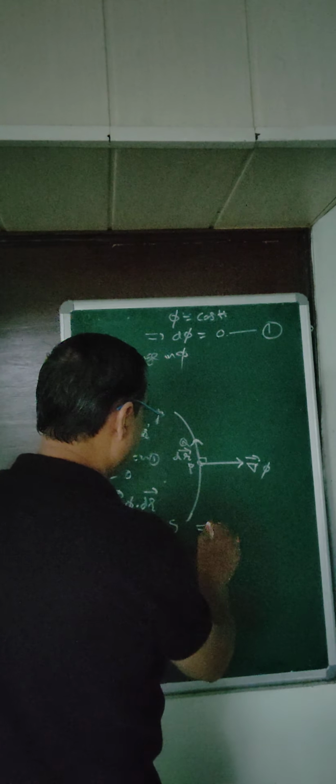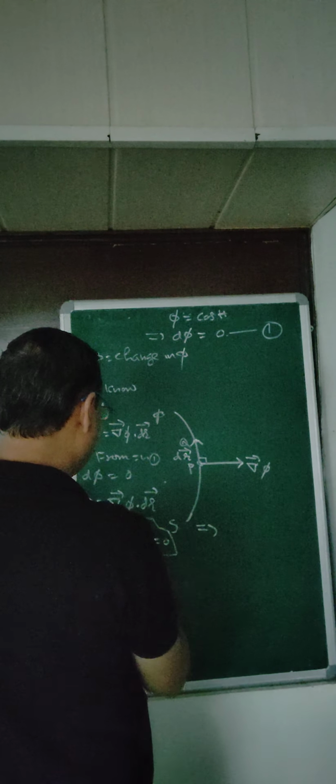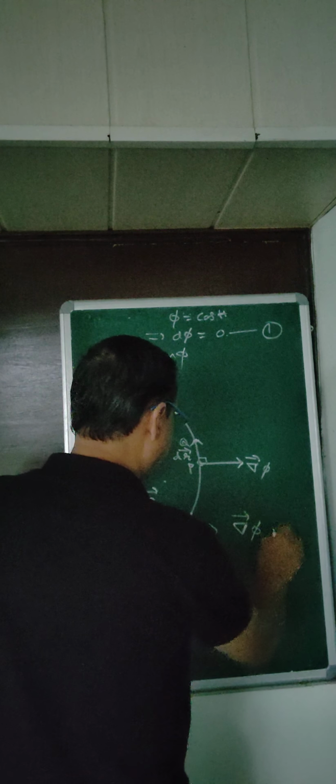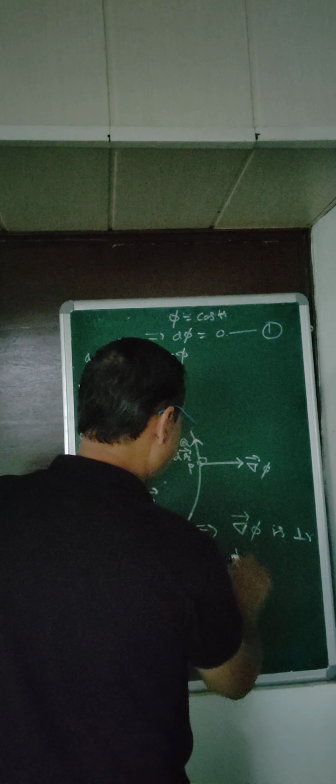That is why del phi dot dr is equal to 0, which implies that del phi is perpendicular to dr vector, and this is what we wanted to prove once we started this article.